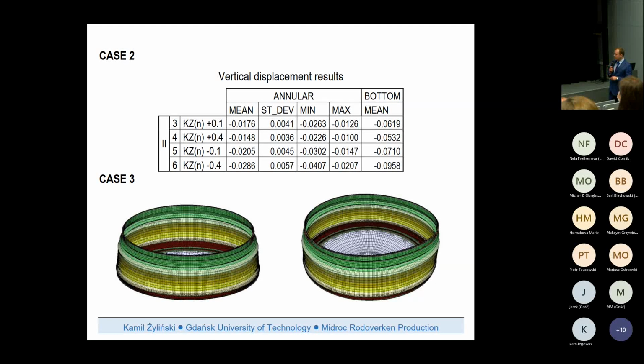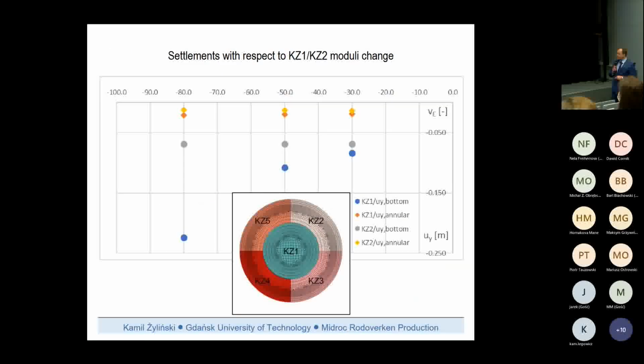In case of the deformation, we can see that this shell deforms non-uniformly, and here there are some comparison tables. How does the variation of the input data influence the output, which is the vertical displacement of the bottom and annular plate? So for these KZ1 and KZ2 parameters, we can observe that for KZ1, with a very big variation of the stiffness moduli, the peaks of the displacements are also very high, because they tend to a value of 25 centimeters.